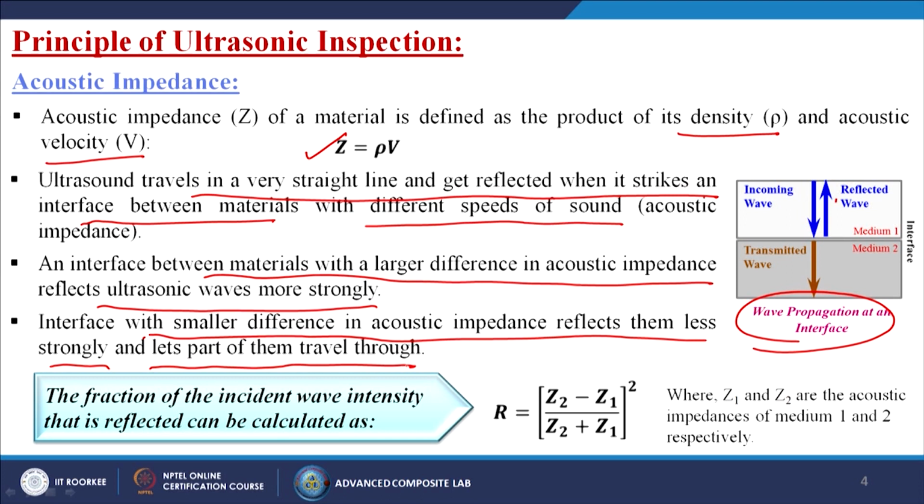The fraction of the incident wave intensity that is reflected can be calculated as capital R equals (Z2 minus Z1) divided by (Z2 plus Z1), whole squared, where Z1 and Z2 are the acoustic impedances of medium 1 and 2 respectively. Now, how does it work?